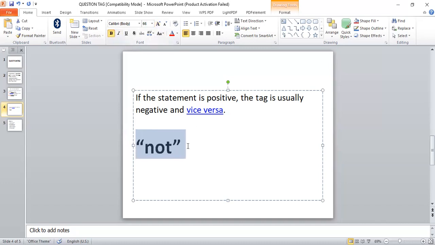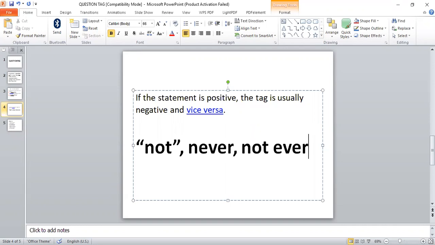So any statement you have written where this word is not there, or you don't have a word such as never or not ever, or anything that has to do with negativity, we will say that the statement or the expression is positive.